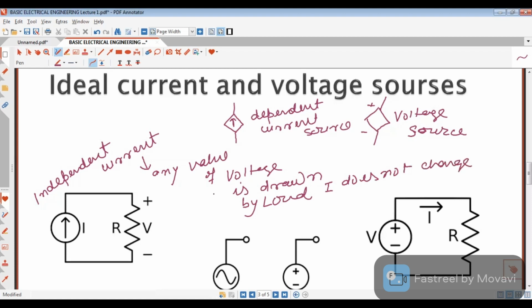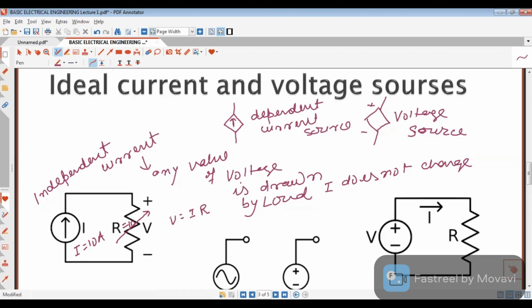Then it is called independent current source. Here I am taking an example, suppose I equal to 10 ampere, and I am changing this resistance. This is a symbol for variable resistance, and at this time suppose resistance is 10 ohm. So voltage as per Ohm's law, I into R.